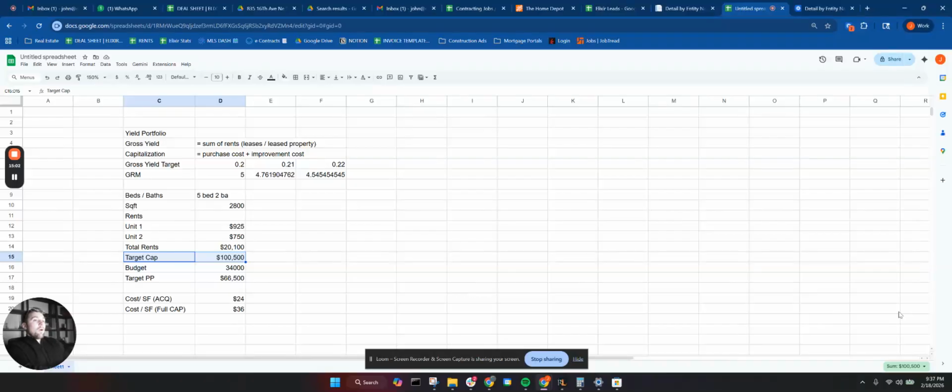And if you are stuffing your portfolio because these numbers look good on paper, $24 per square foot to purchase it, stabilized without factoring in deferred maintenance for 36 bucks a foot, and we are making tons of money, 20% gross yield, you have to be aware of the liquidity that is going to be purchasing these properties when it comes time for you to transfer up or out of a portfolio like this.